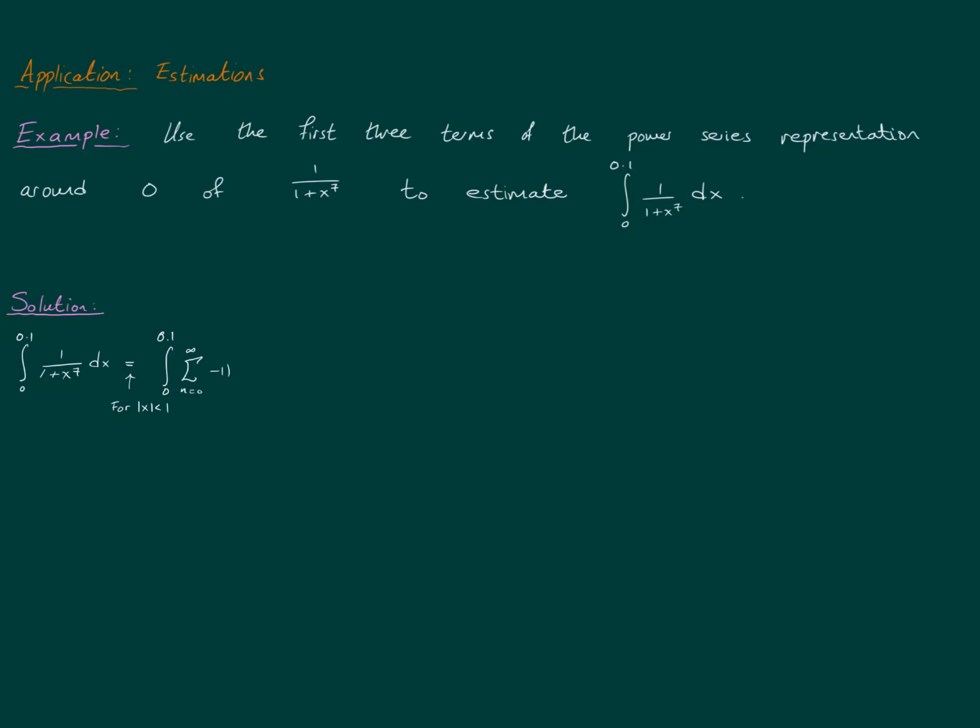So this is equal to the integral of the sum of (-1)^n x^(7n) dx, which is roughly equal to, and we're just going to take the first 3 terms, because after this, the first 3 terms are 1 minus x to the 7 plus x to the 14. The next term would be x to the 21, and for x close to 0, that's very small. So we ignore the small terms and just do the integration.